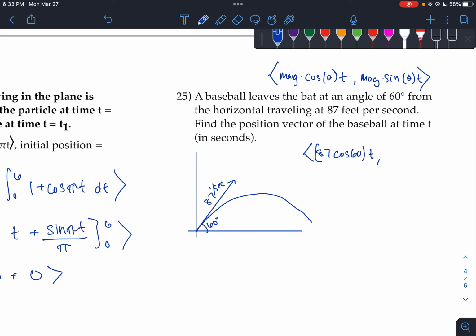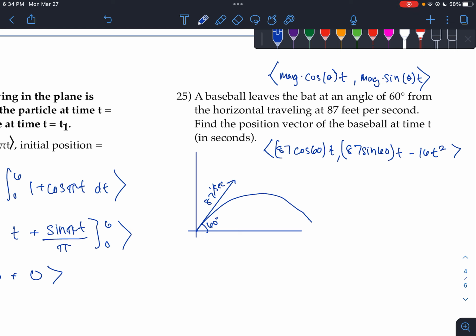And then you'll have 87 times sine of 60 times t, but we're going to have to subtract 16 t squared for gravity.